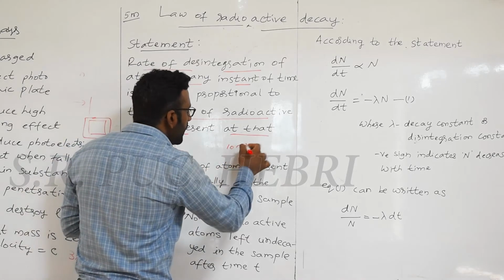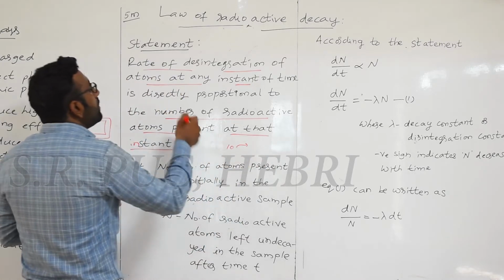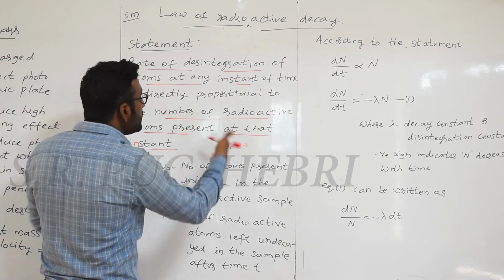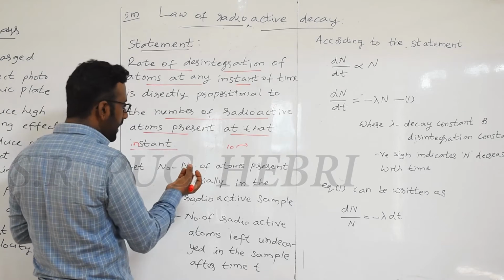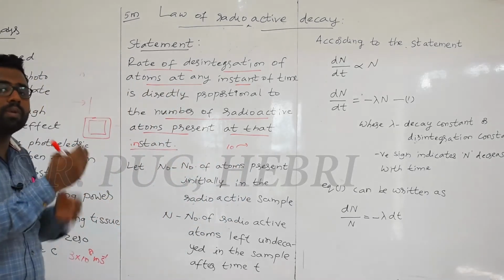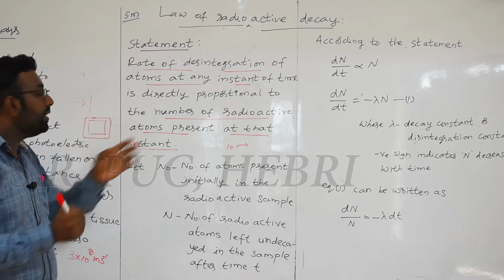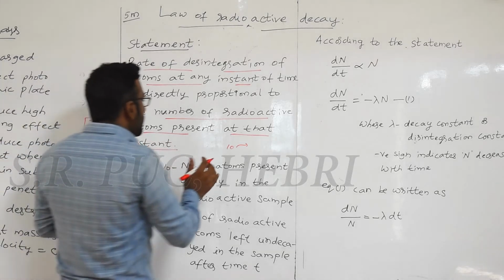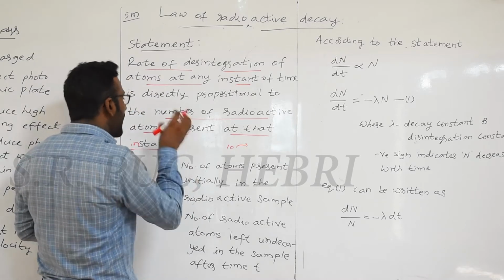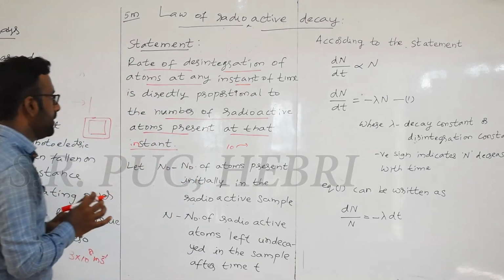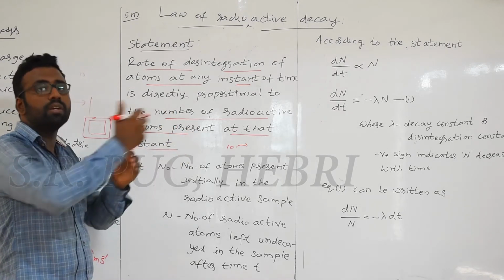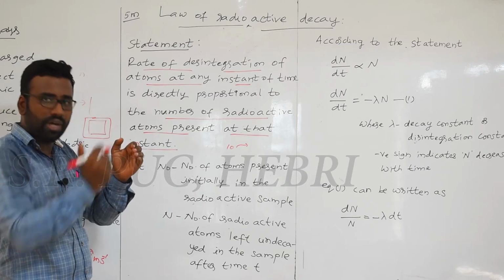Energy is given out, radiation comes out of the radioactive atom, and it becomes less active and goes to the stable state. So the radioactive decay is proportional to the number of atoms present at that instant. When a large number of atoms are present, the radioactive decay will also be faster.